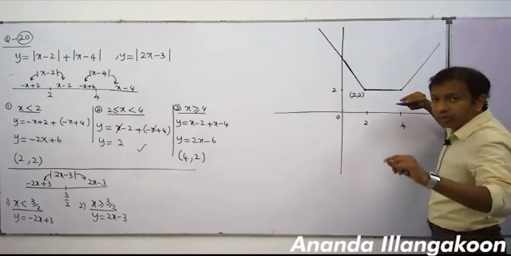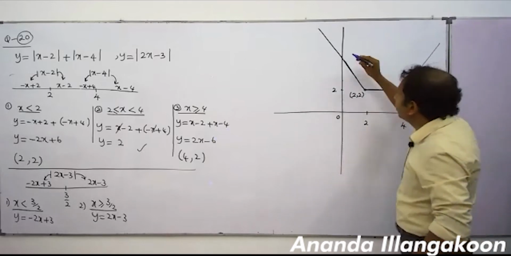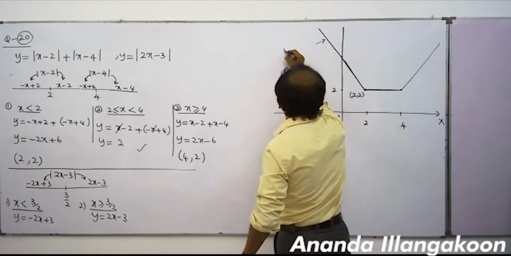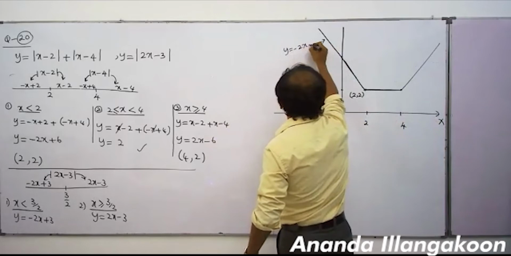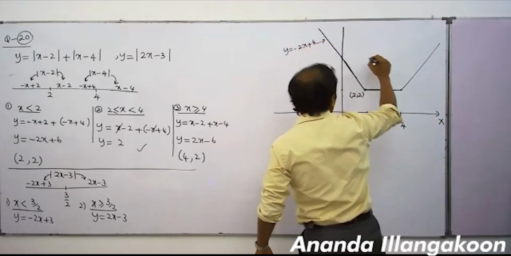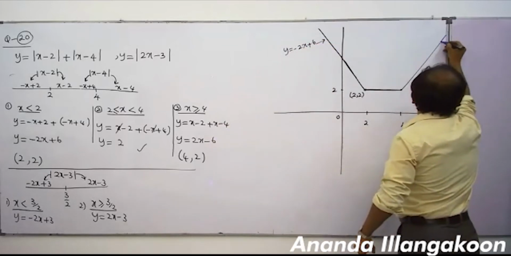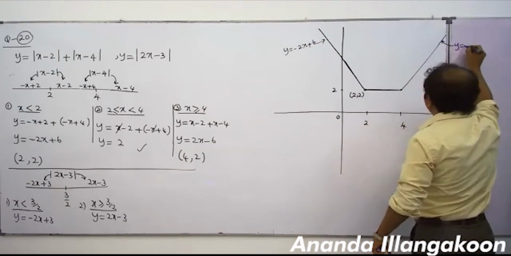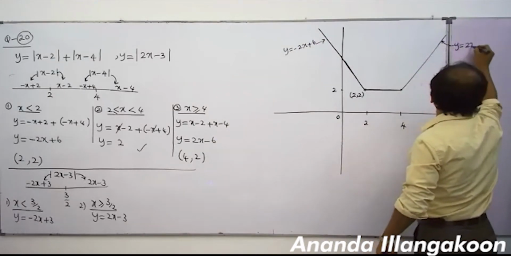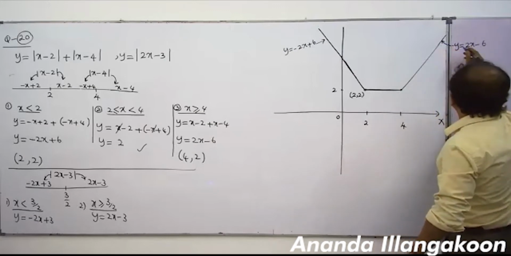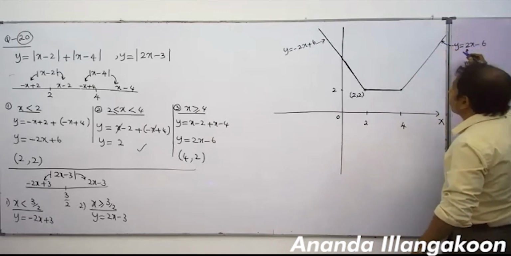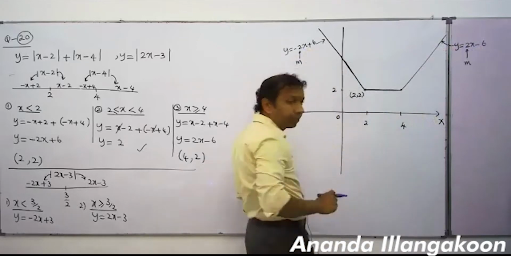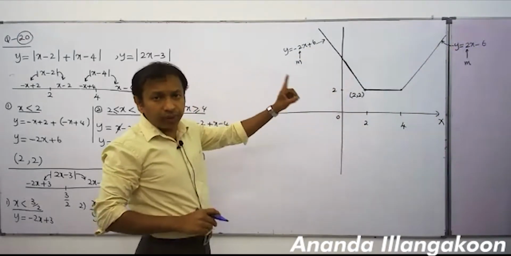People, one thing you have to understand there. This equation you know: y equals minus 2x plus 6. This one, y equals 2x minus 6. The gradient of this is 2. The gradient of this is minus 2. Here the gradient is plus 2, here the gradient is minus 2.